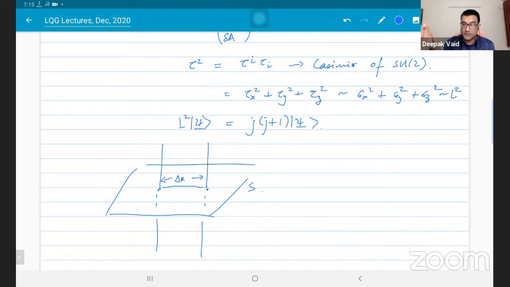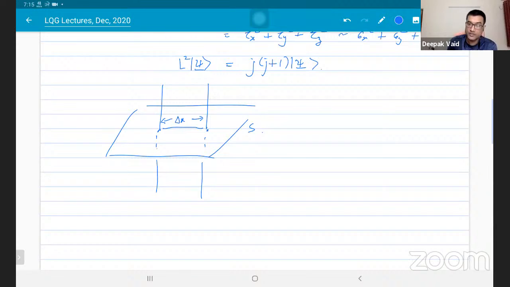So when you have another puncture on the same surface, then you can't really define a notion of distance between these two punctures in isolation. You either have to have a sort of a mean field approach where you treat the surface as already being in a state of finite area.